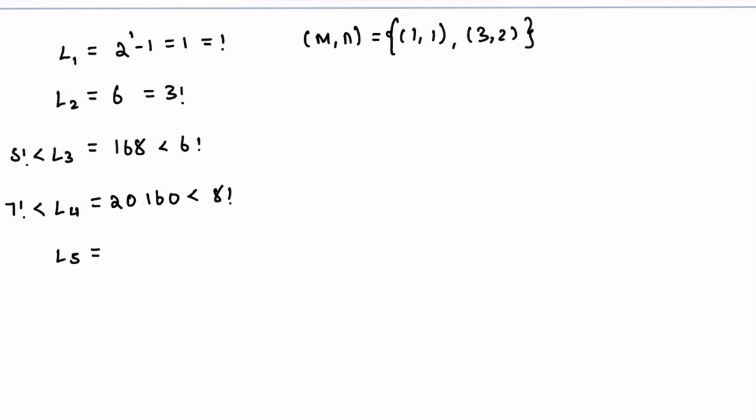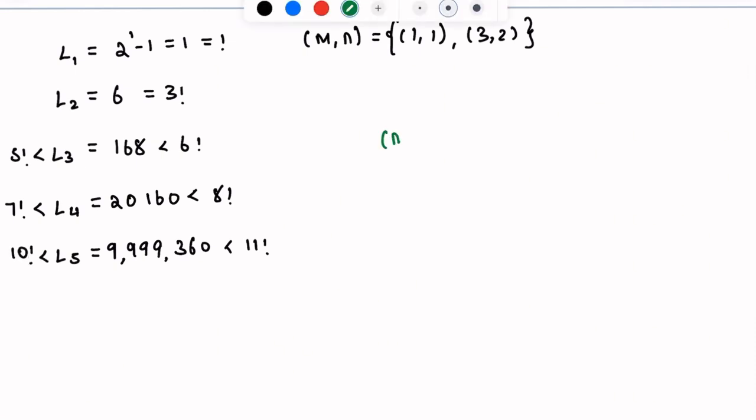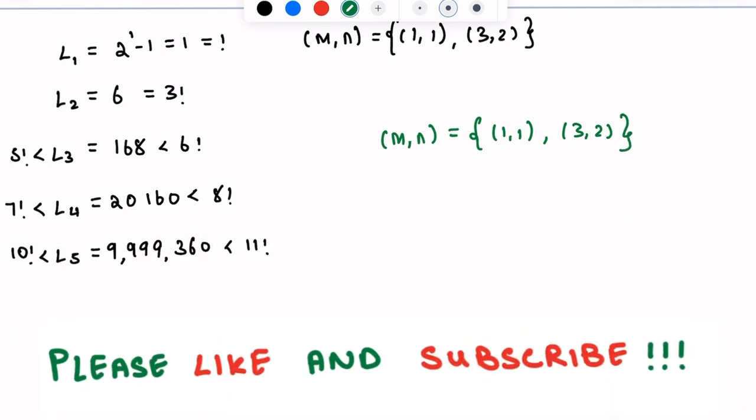And L5 is 9,999,360, which is between 10 factorial and 11 factorial. So the only solutions are m, n equals 1, 1 and 3, 2.